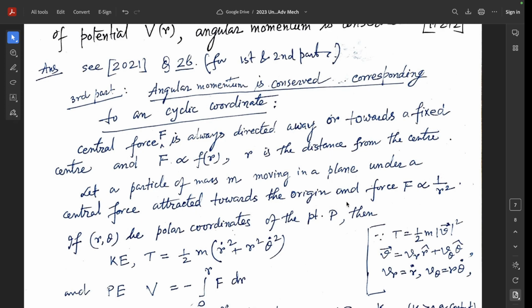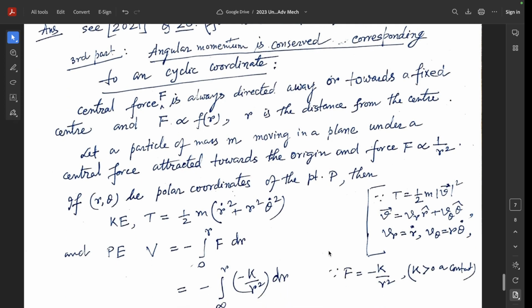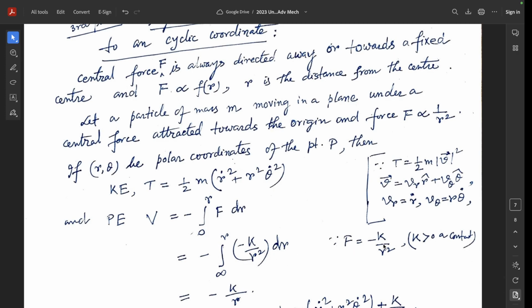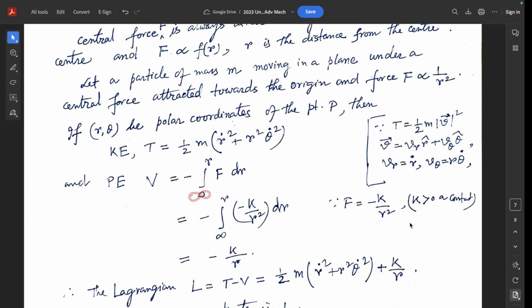This is an attractive force, so F equals minus k by r square. The kinetic energy T equals half m (r dot square plus r square theta dot square), which we have already discussed. And the potential energy V equals minus the integral from infinity to r of f dr, where f equals minus k by r square, k a positive constant. So we get minus k by r.